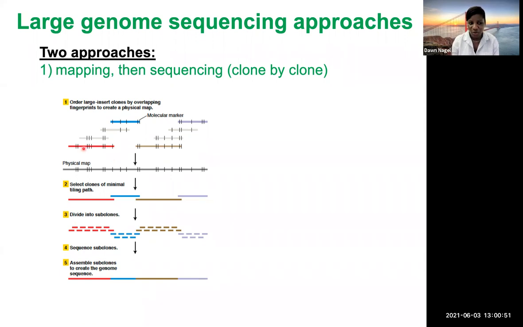So these little clones here don't represent all of the DNA that makes up this physical map. Even though it looks like it's tiling, there's a lot of unknown that you don't know here. What you know is regions where these markers are. So there's a lot of gaps that we don't actually know what they are, but we know that we have these sites which are represented here.